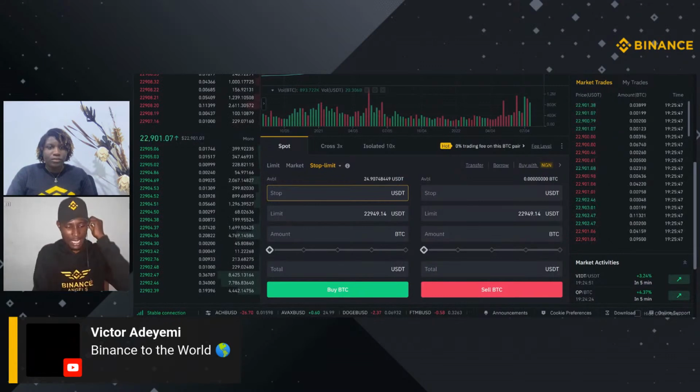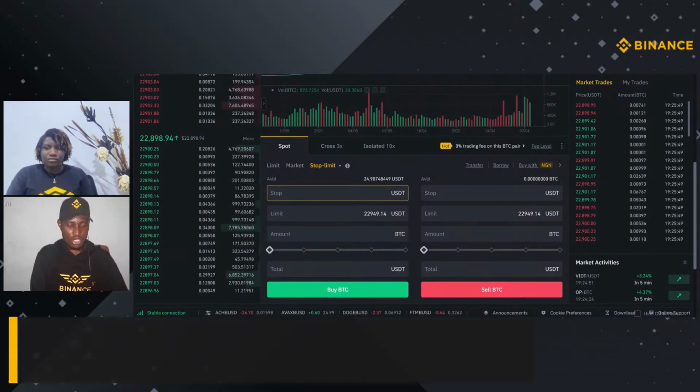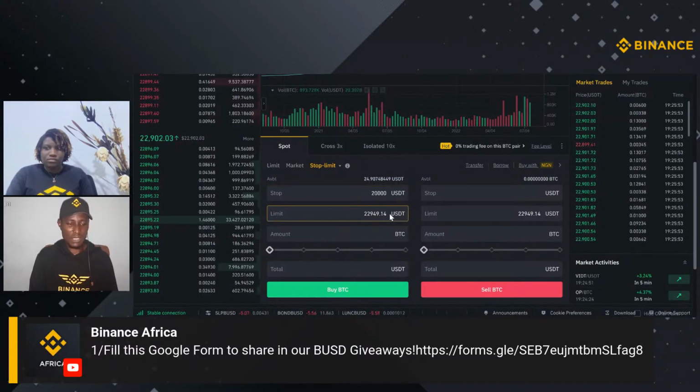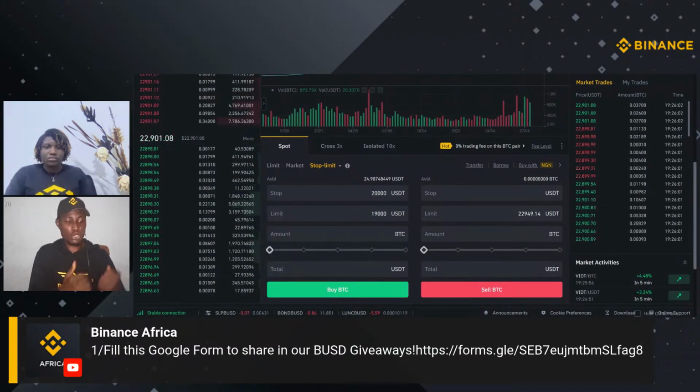How do I do that? Then I'll set my stop price at 20,000 USDT for Bitcoin. Then I'll set my limit price at 19,000 USDT. So I've simply said, if Bitcoin price drops to 20,000 USDT, I want to buy Bitcoin at 19,000. Place an order for me.